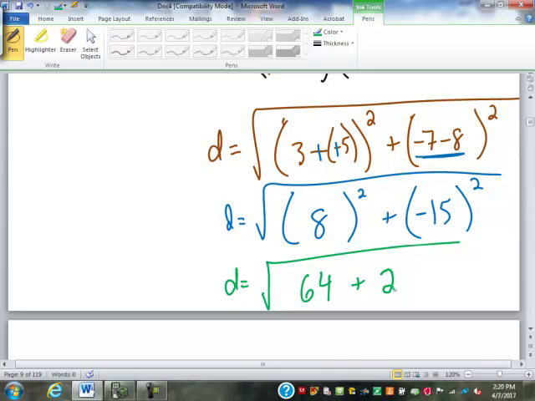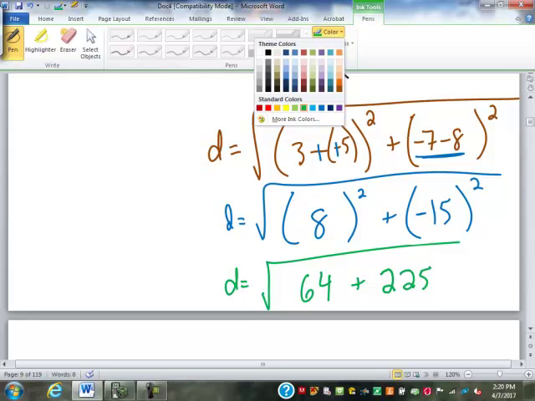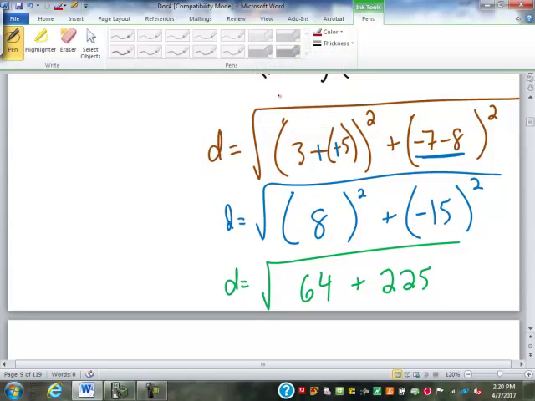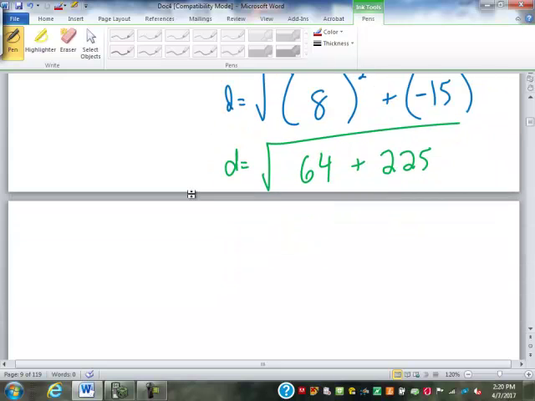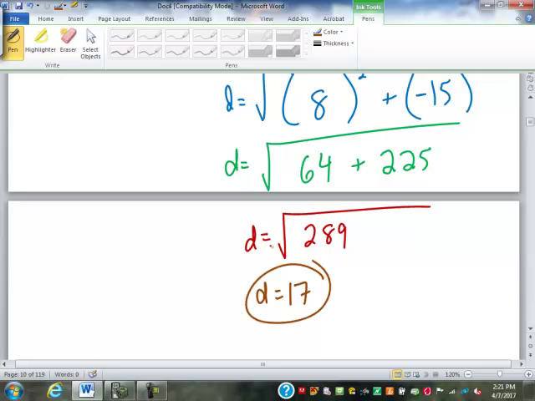You're close. 225. You had the right idea. So now we have to add those two numbers together. 64 and 225 is 289. Then we can square root it. That distance is 17.